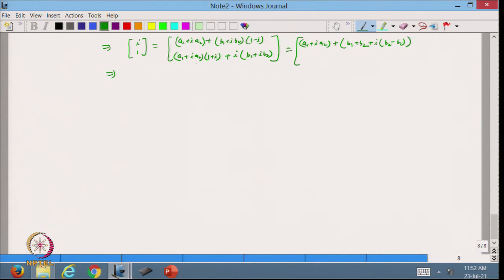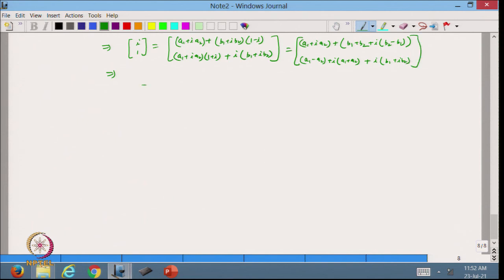Similarly, from the second, it will be a1 minus a2 plus i (a1 plus a2) plus i b1 plus i b2.